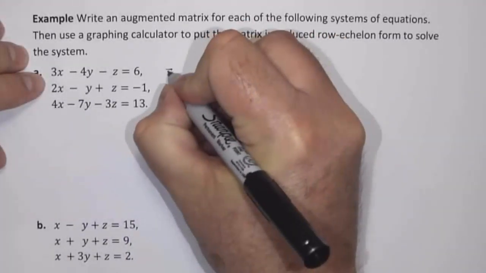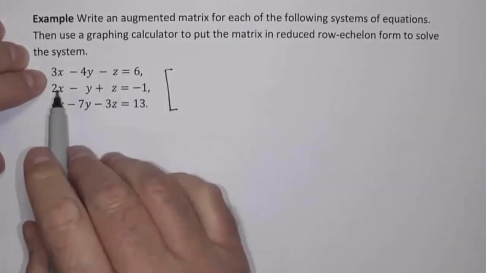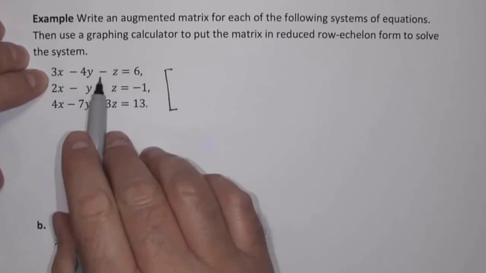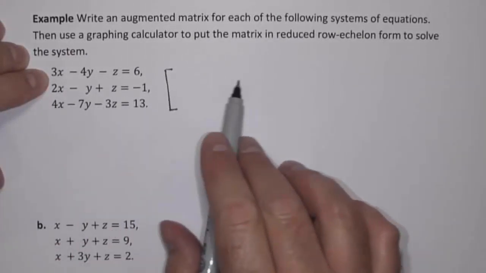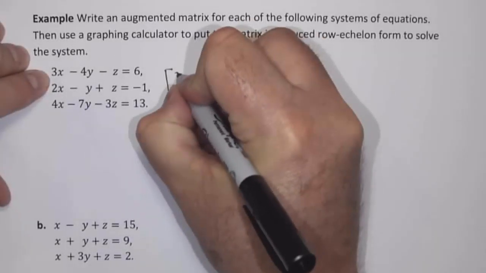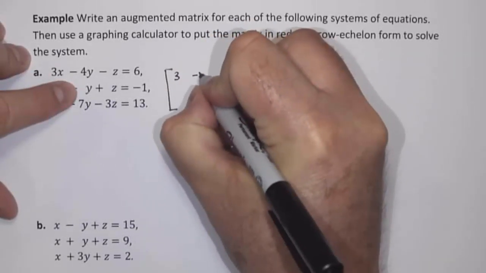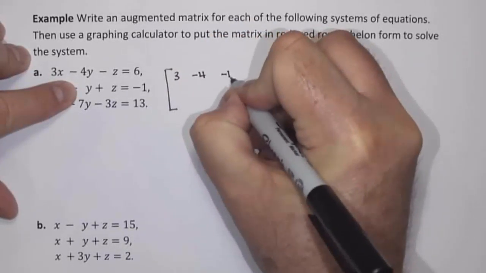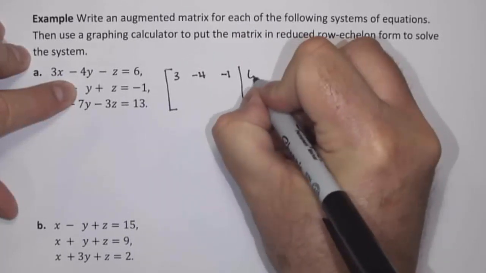So writing this in row echelon form, we're going to use the coefficients and the constants to fill in the values in the matrix. So 3x minus 4y minus 1z equals 6.